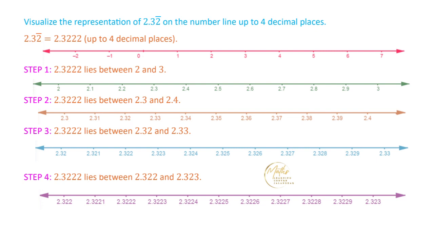So we are not considering that case. We are restricted to the case where we consider this number up to 4 decimal places, and this is the representation. This point 2.3222 represents this number up to 4 decimal places on the number line.